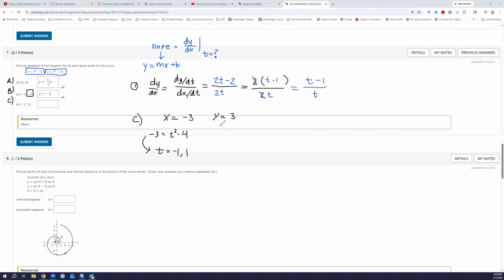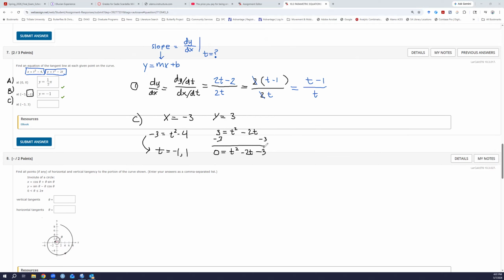For this other function, the function y, we need to go ahead and work that out because we have a different y value. So 3 is equal to t squared minus 2t. We can go ahead and subtract 3 over to the other side of this equation, such that we now have 0 is equal to t squared minus 2t minus 3.